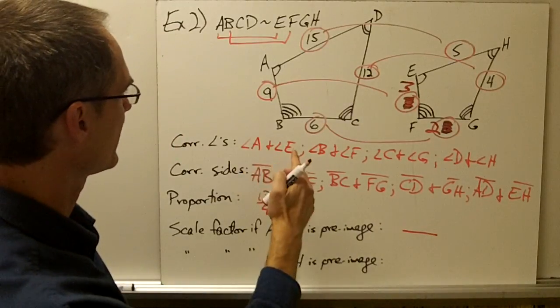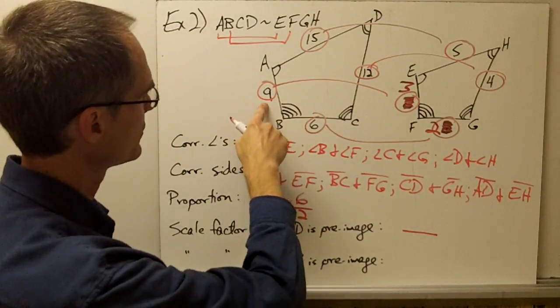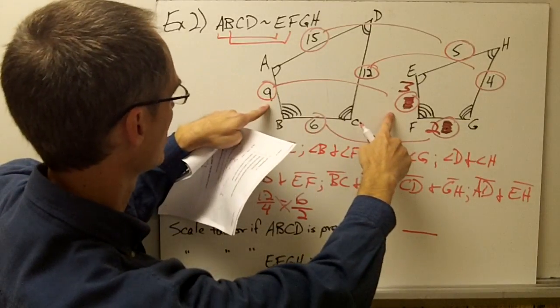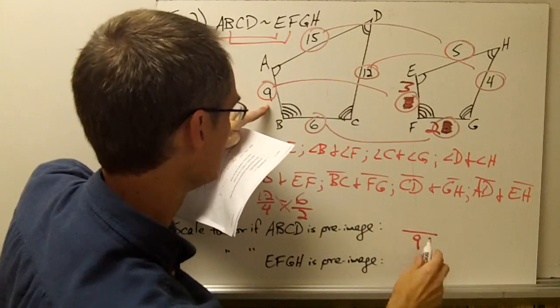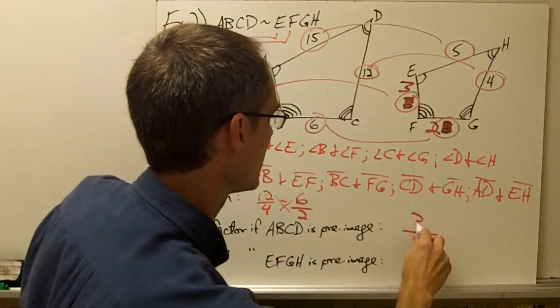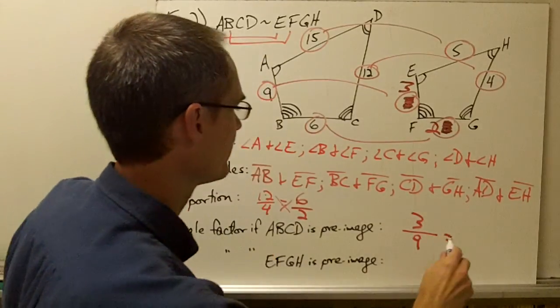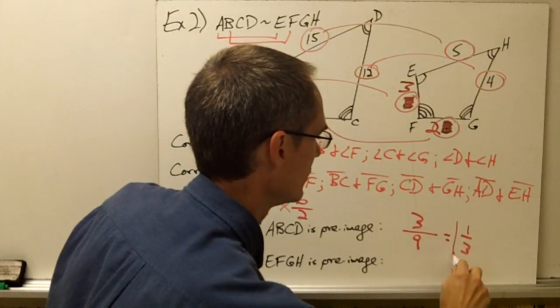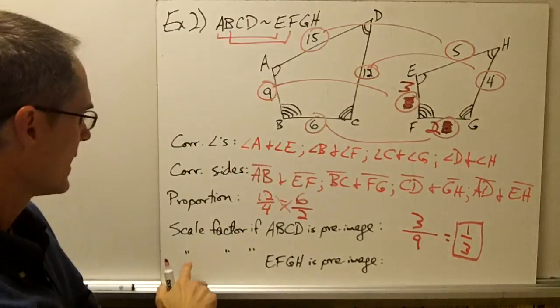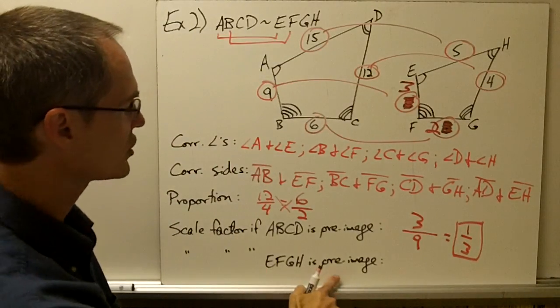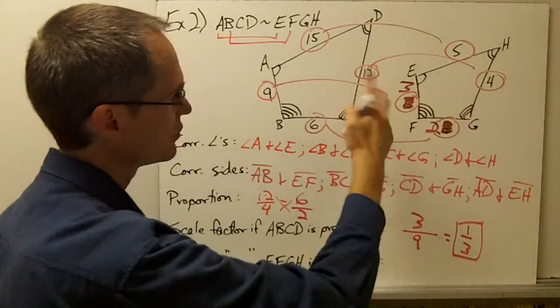Let me use this pair of corresponding sides here. So 9 goes on the bottom, 3 goes on the top, which means that my scale factor would be 1/3. Now my scale factor if EFGH is my pre-image, now I could do this a couple of different ways.